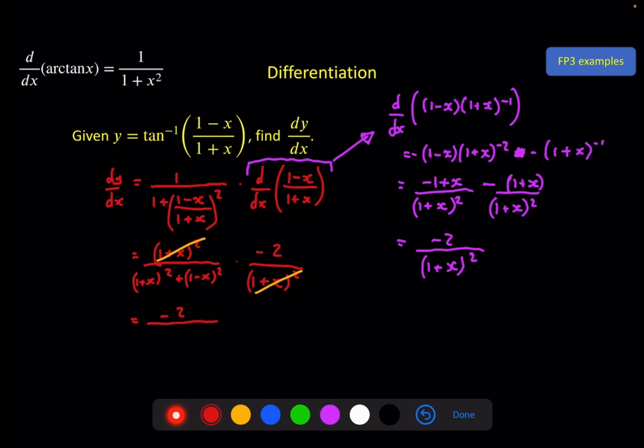And that will equal minus 2. If I expand this out, we've got 1 plus 2x plus x squared plus 1 minus 2x plus x squared.